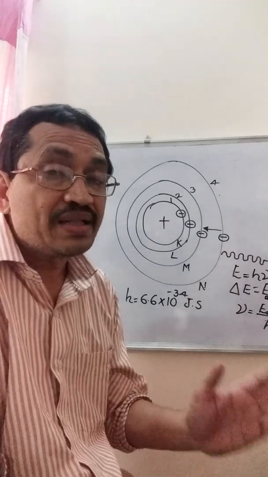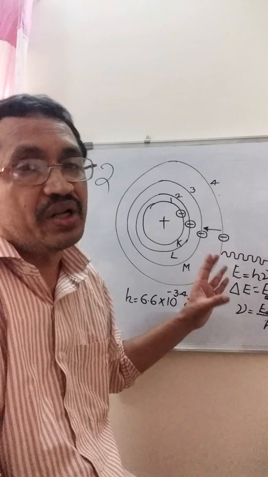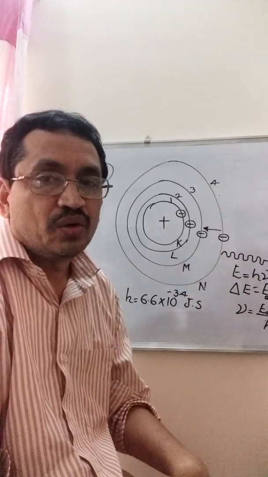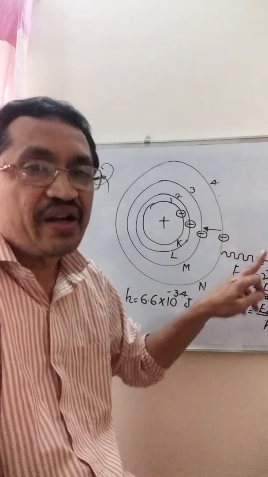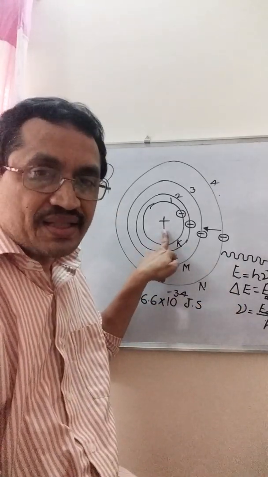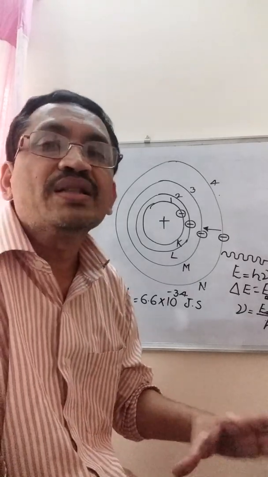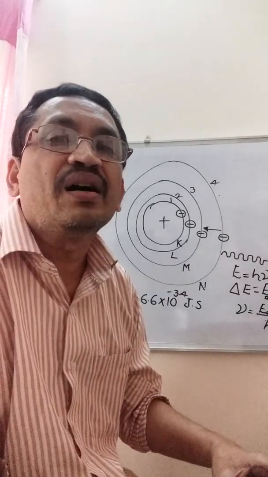Even though their mass is negligible, the charge is equivalent to the proton charge. So in the case of the hydrogen atom, we have one proton inside the nucleus and one revolving electron, and as a whole the hydrogen atom is neutral.